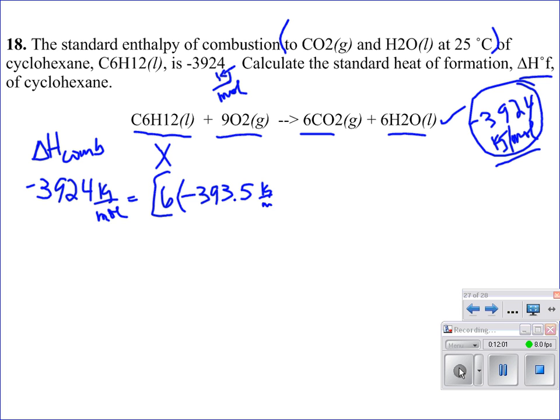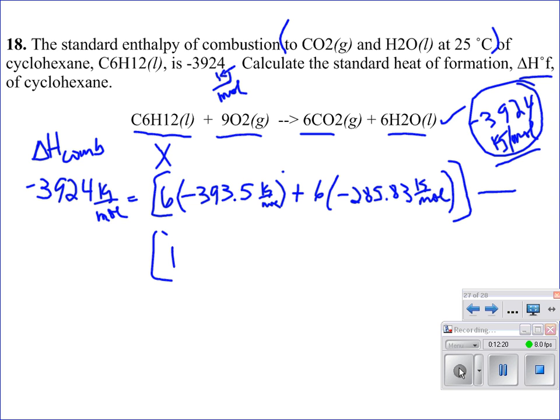All right, products plus H2O liquid -285.83. Again, we got that from the tables. So those are our products minus our reactant of 1 times, we don't know the heat of formation of cyclohexane, plus 9 times 0.